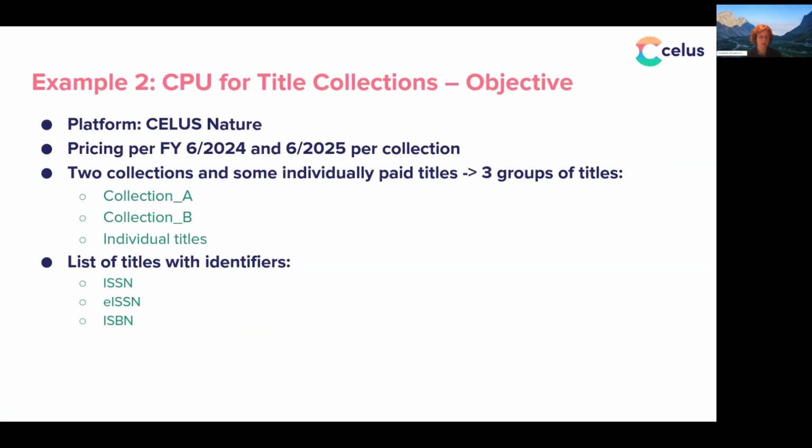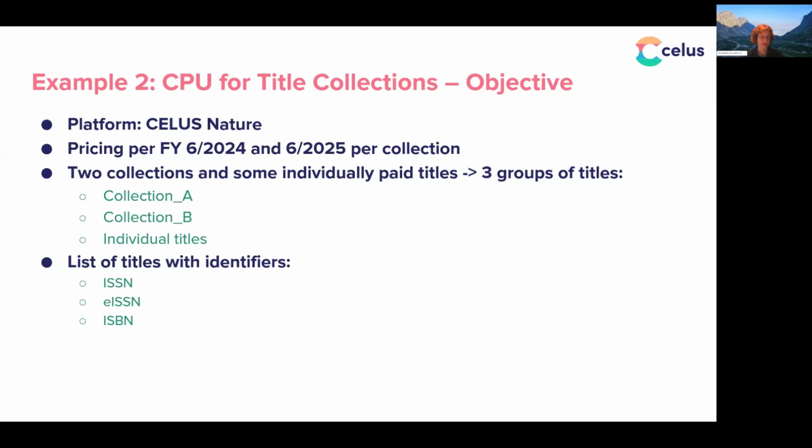Collections. We have again the platform CELUS Nature, fiscal years as in the previous example, but as I already mentioned, we have collection A and collection B and some individual titles. As usual, we have a list of these titles and collections with title identifiers.